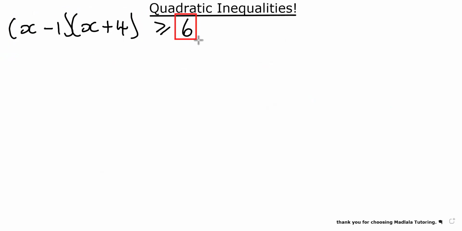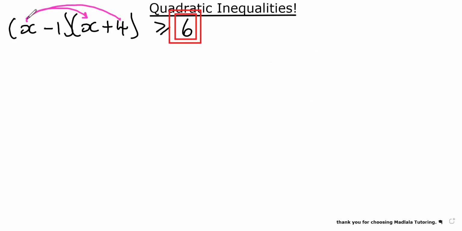We don't need to expand if it was 0 on the right-hand side. But now it's not 0 on the right, it's a non-zero number. So it's really necessary for us to expand this, collect the like terms, and write this inequality in standard form.